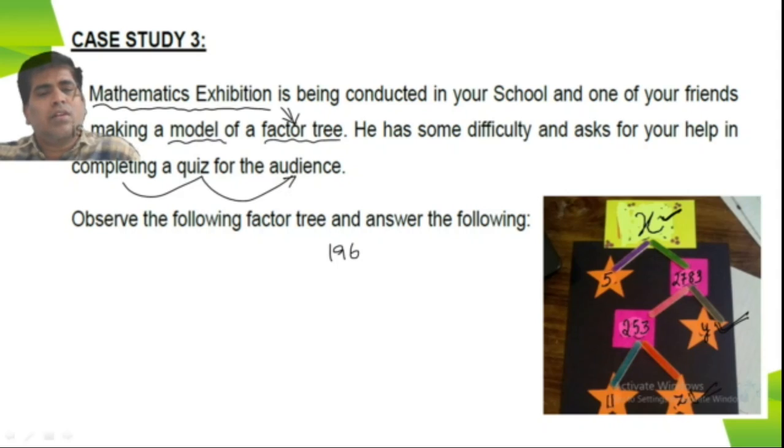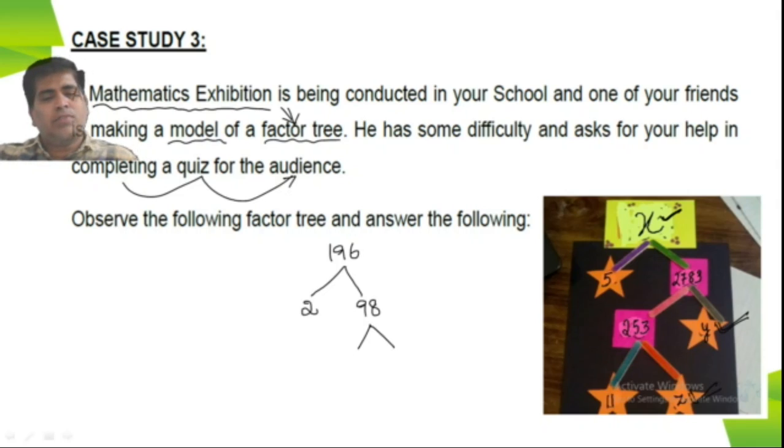If I want to write this as a factor tree, I will write this number as a product of two numbers. 196 is 2 into 98. 2 we can't divide further, because if it is a prime number, we can't write it as a product of two numbers. 98 is a composite number, so again we can divide it.